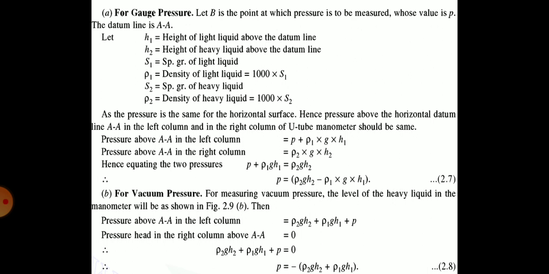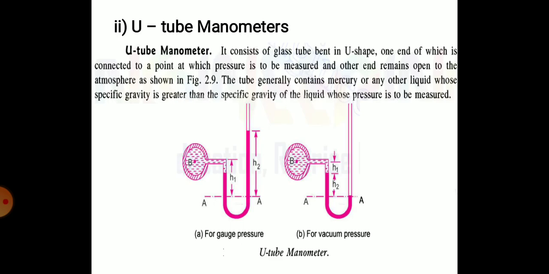Then second condition for vacuum pressure. We will see the figure again. For measuring the vacuum pressure, the level of heavy liquid in the manometer is as shown in figure, then the pressure above datum line AA in left column will be equal to ρ2 g H2 plus ρ1 g H1 plus P, and the pressure head in right column above AA is 0.